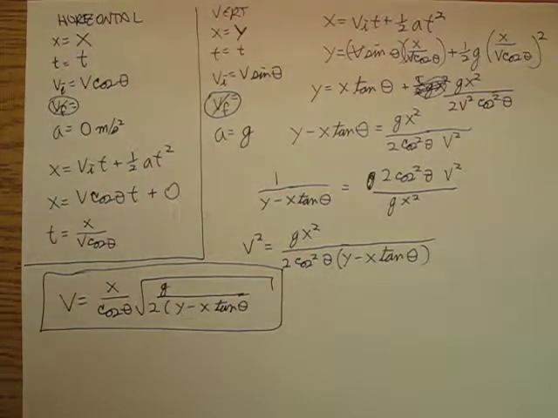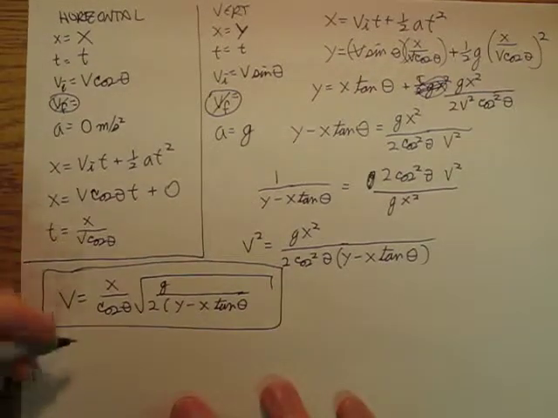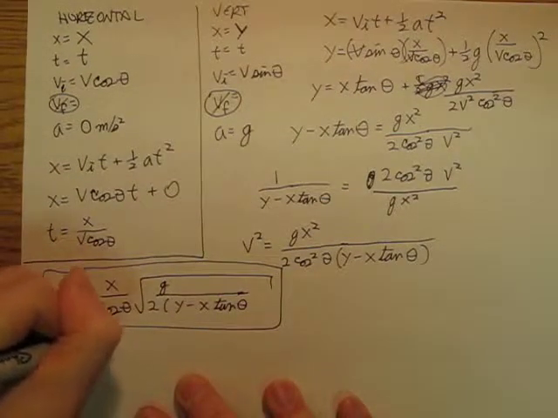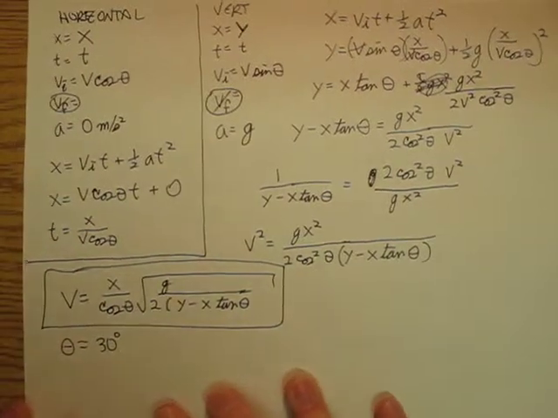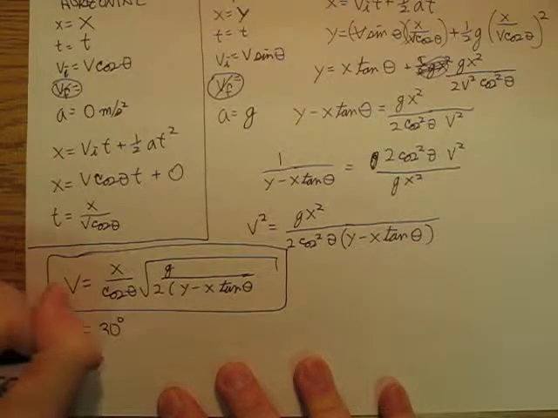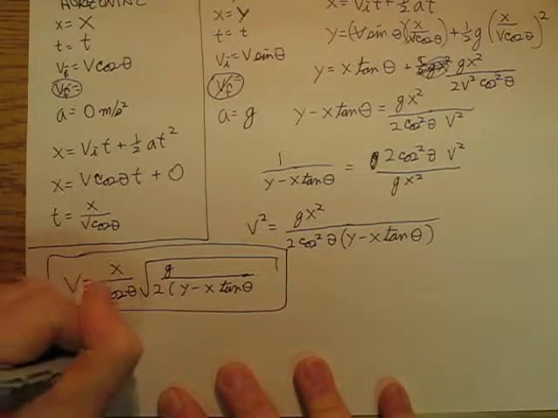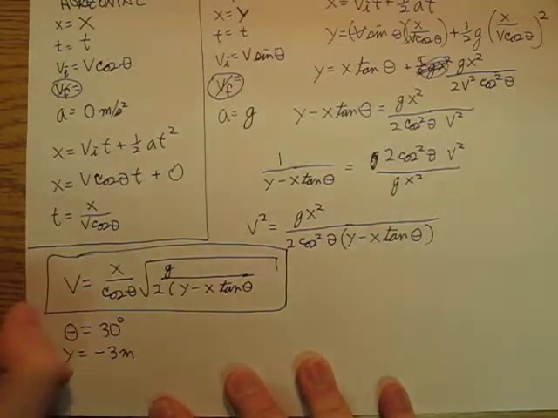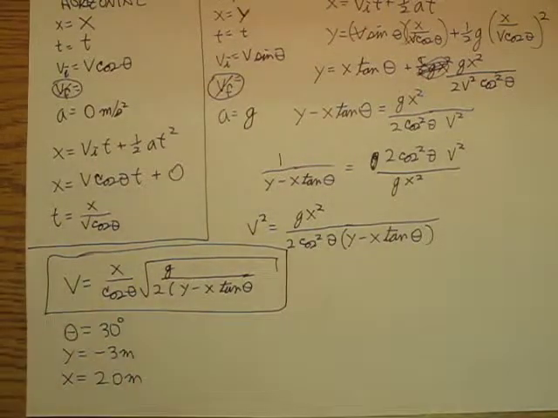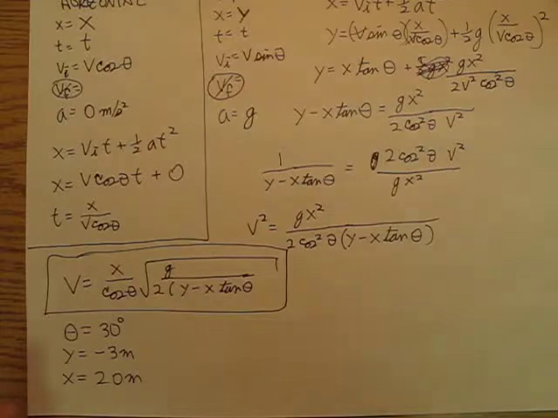So let's see if I can throw some numbers in here real fast. Let's say that theta is 30 degrees. That's a reasonable takeoff angle, I think. Let's say that it drops 10 feet or 3 meters. And let's say that it travels 20 meters horizontally. And let's see how that goes.